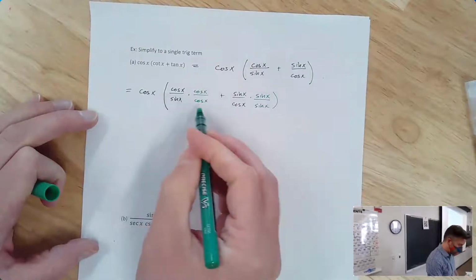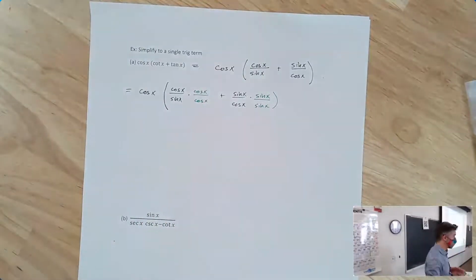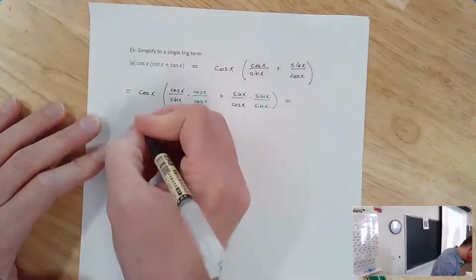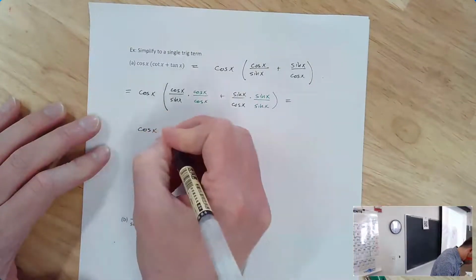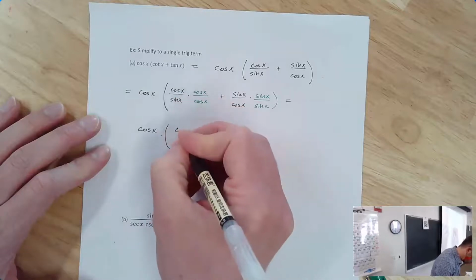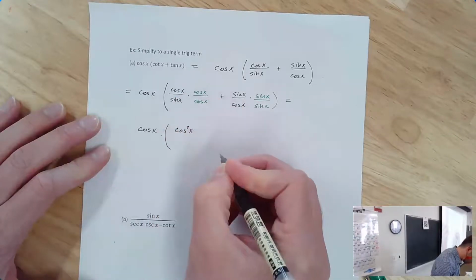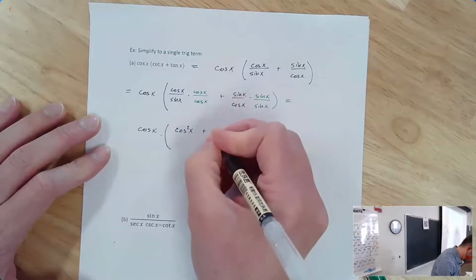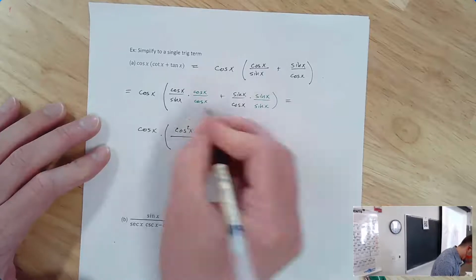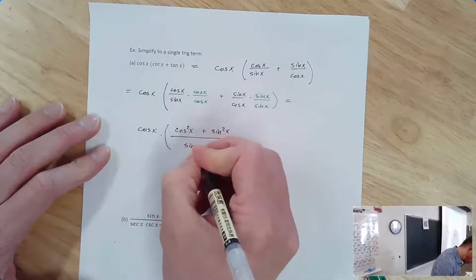Now these two expressions have the same denominator, which is sine of x times cosine of x. So let's simplify that a little bit. Cosine x times cosine x is cosine squared x, sine x times sine x is sine squared x, and we're dividing by the denominator sine of x times cosine of x.